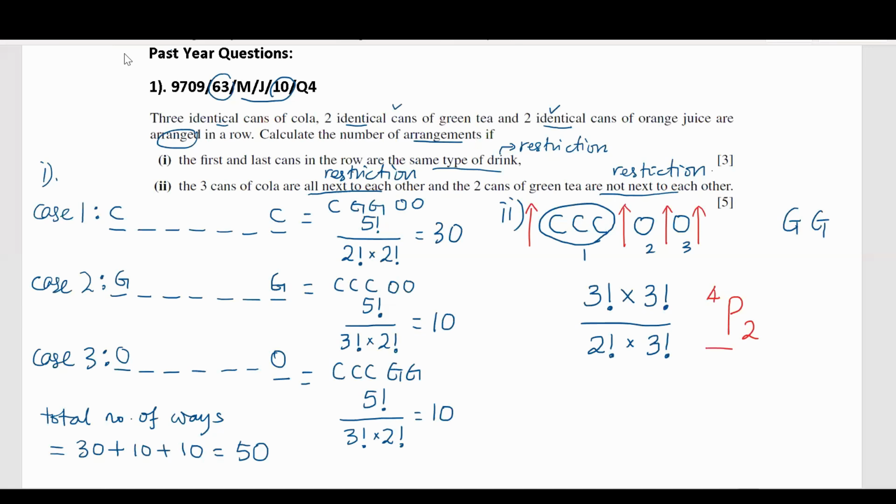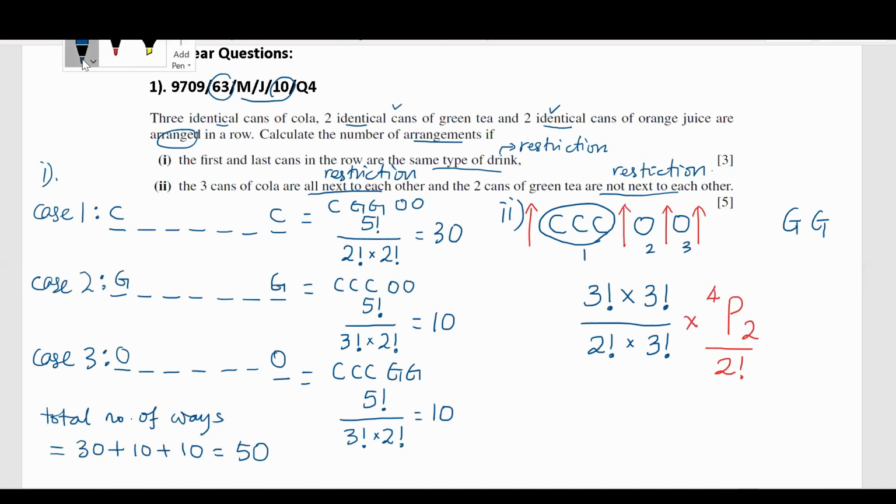And don't forget, the two green tea are identical as well. So we still have to divide by 2 factorial ways to get rid of the repeated ways caused by these identical letters. And by the multiplication rule, for the total ways for these restrictions, we multiply them.